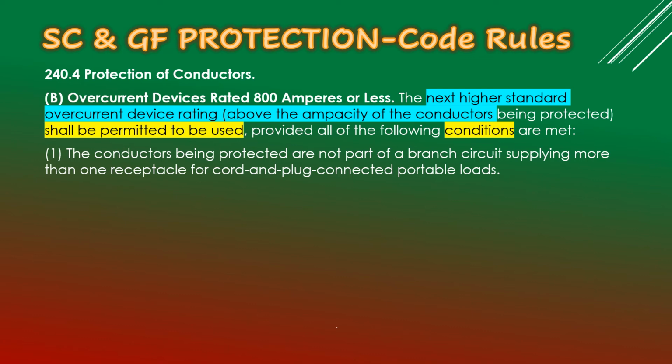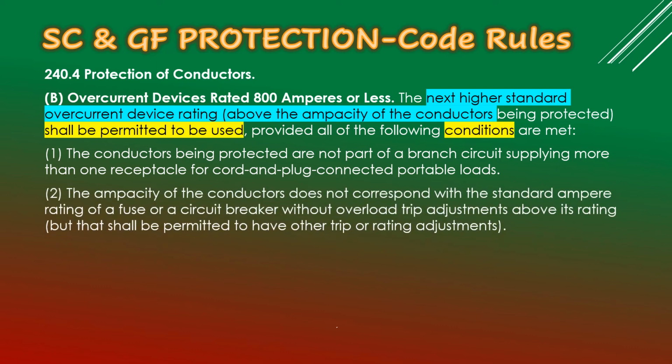Because in a cord and plug receptacle, a consumer or a user can plug any equipment, and if there's an overload and your protection is higher than your conductor ampacity, it will not trip and your conductors, your circuit will start to burn without tripping your circuit breaker or protection device.